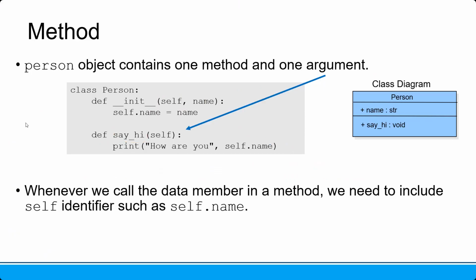So the person object contains one method and one argument. Whenever we call the data member in a method, we need to include self. When we want to call the name, then we could say self dot name. If we have another attribute, then we call self dot its, and etc.